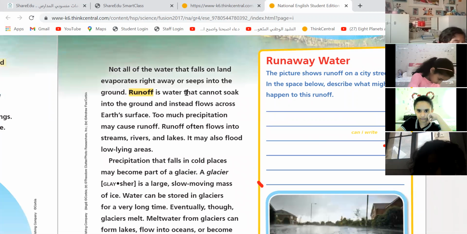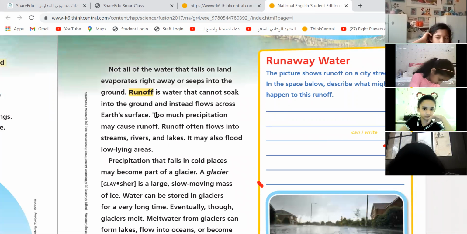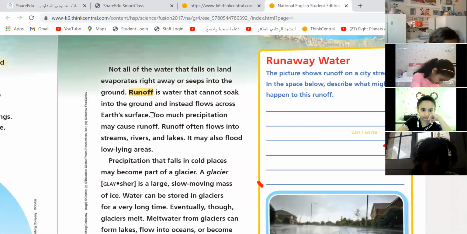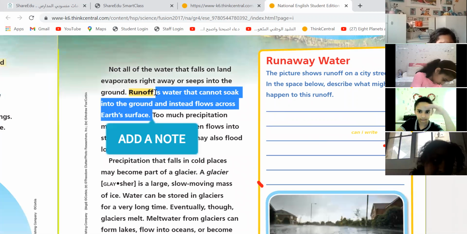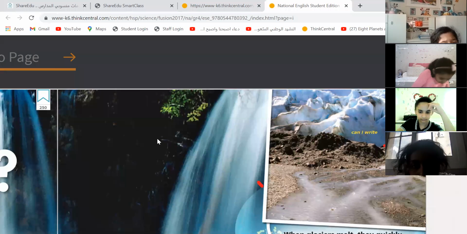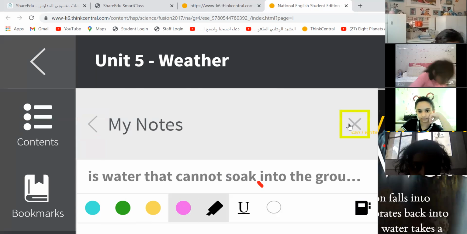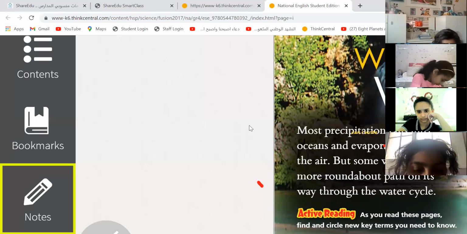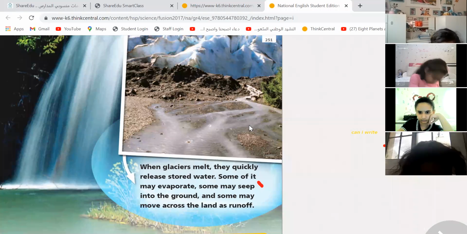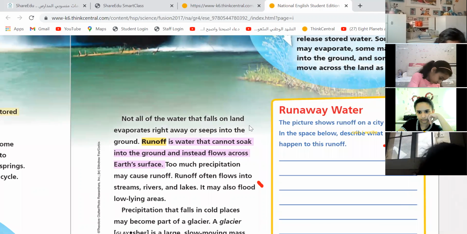Some water cannot be soaked into the ground. Yes, Layan. It's water that cannot soak into the ground and instead flows across the Earth's surface.